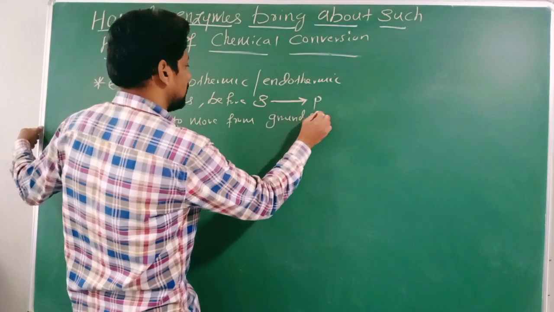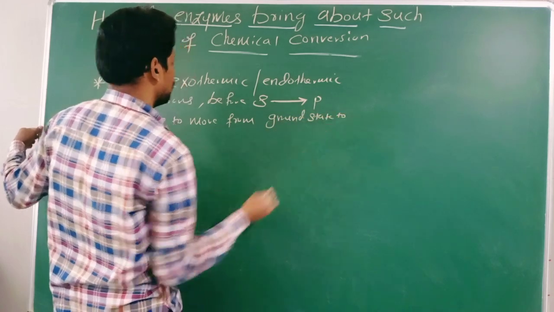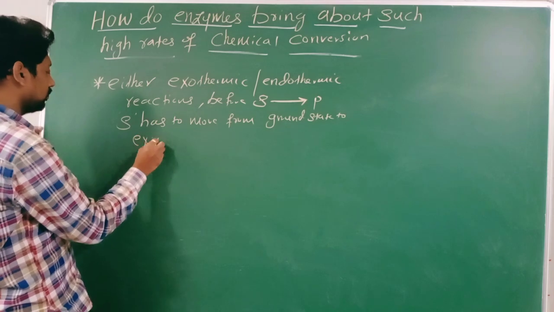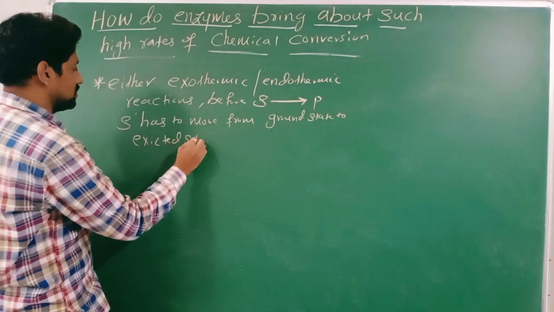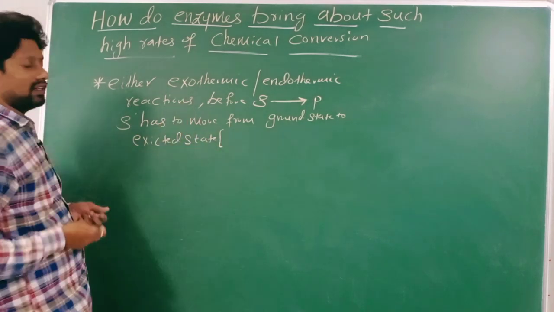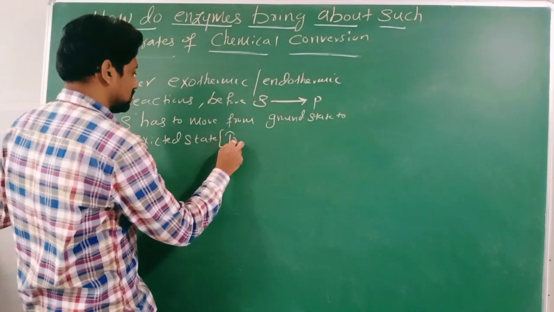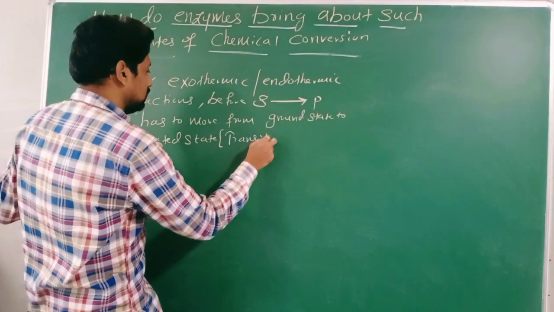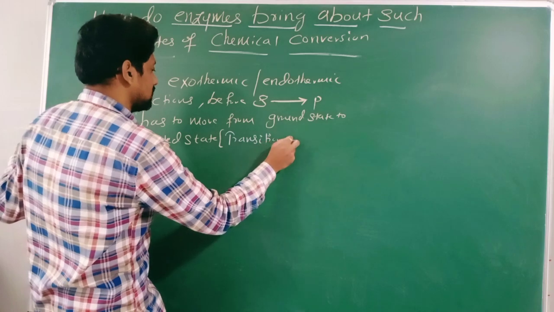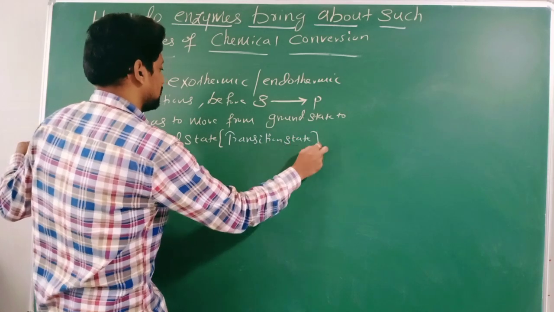From ground state to excited state. What is this excited state called? The transition state. Excited state is also called a transition state.